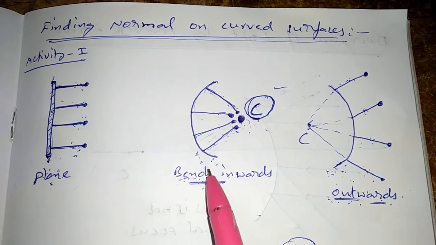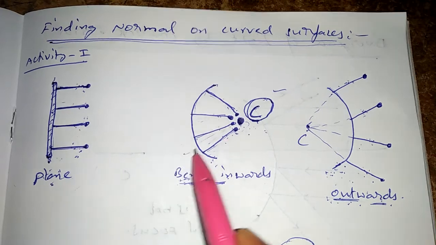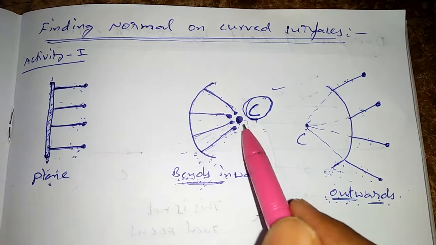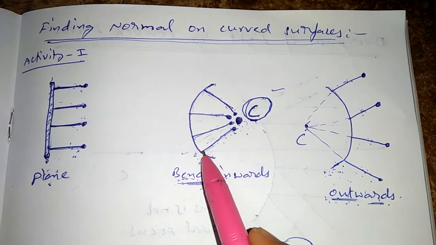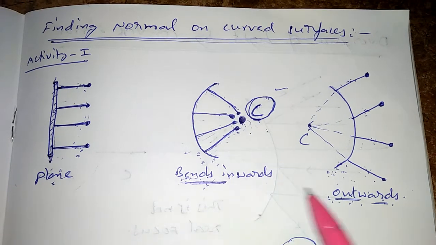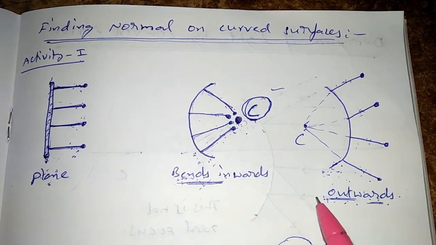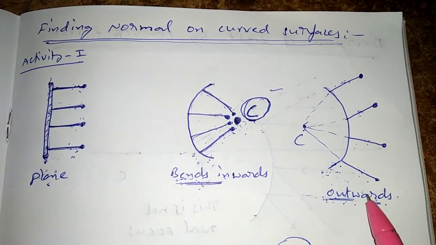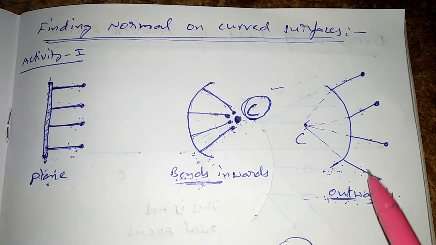So when we take the concave mirror, we can observe the convergence pattern. Convergence pattern means all the pins come close to each other. For a convex surface, convex mirror, we can observe the divergence pattern.